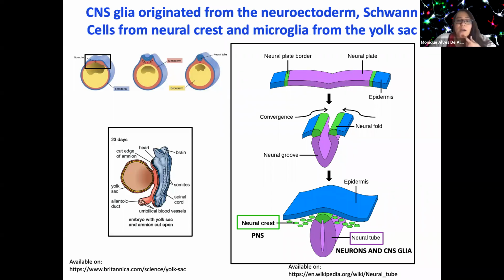Microglia are derived from the yolk sac, which comes from the hematopoietic stem cell progenitors and migrate to the brain as early as the 4th week of gestation in humans. So the key point on this slide is that CNS glia originate from the neuroectoderm, Schwann cells from the neural crest, and microglia from the yolk sac.